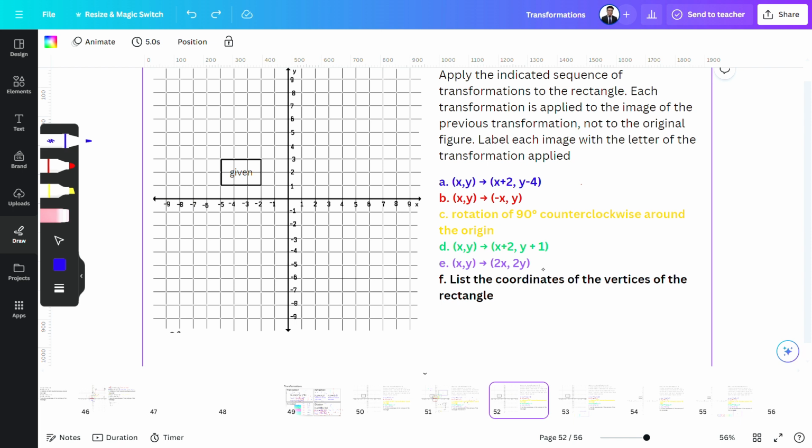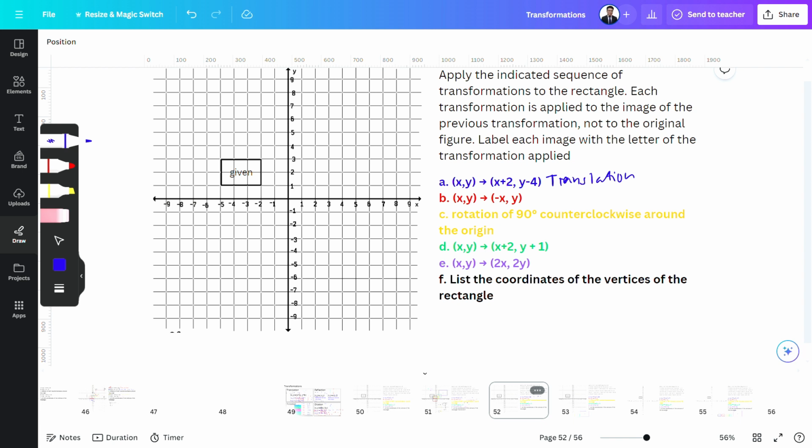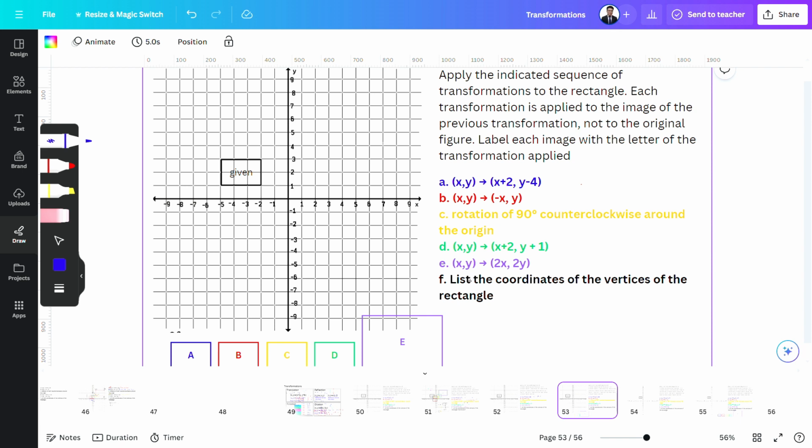So take note that the A here is what? This is translation because what we're trying to do is we're trying to change the location of the x and y. So to answer this one here, letter A is translation.